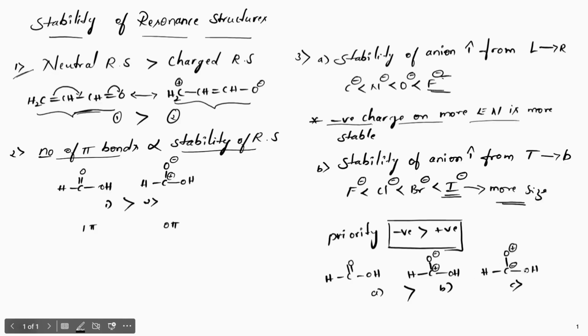There are no pi bonds. According to the second rule, we cannot decide the stability. Coming to the third rule, the negative charge on the electronegative atom is more stable. Here the positive charge on the oxygen atom, that is the electronegative atom, is less stable. Therefore, B is more stable than C. This is the stability order.